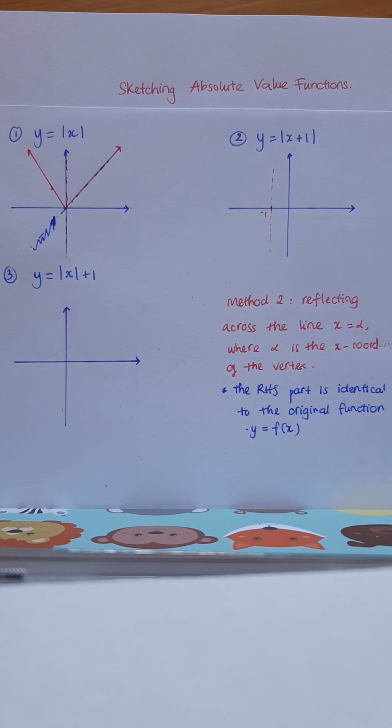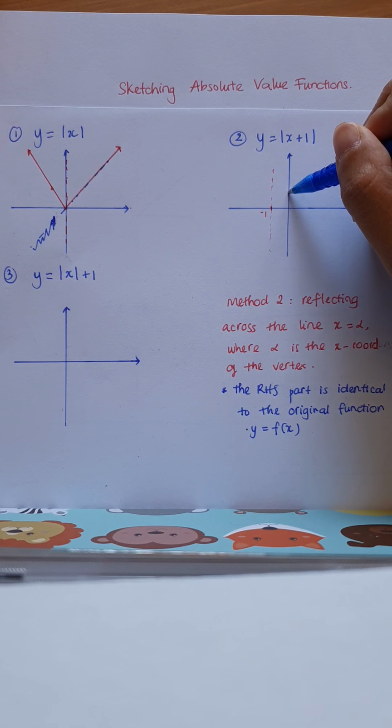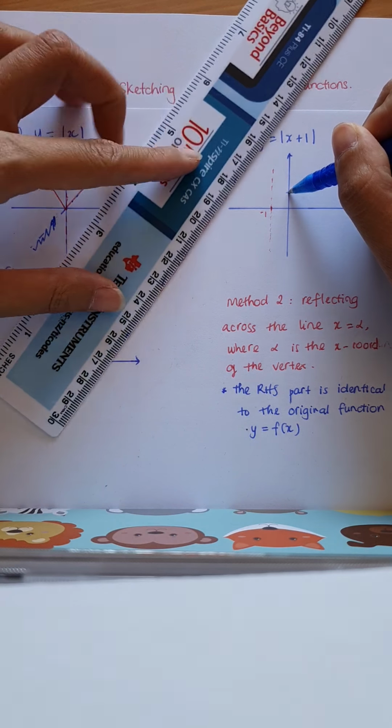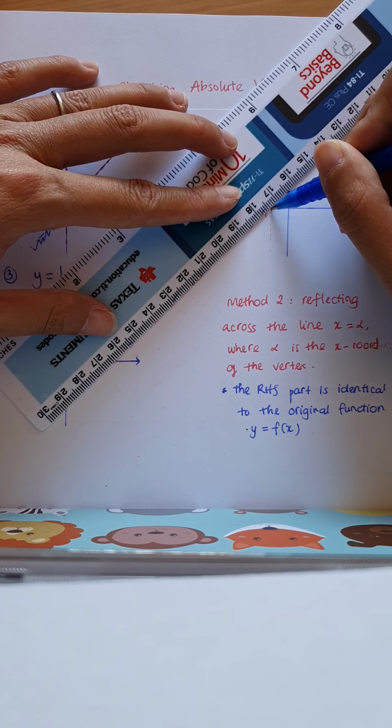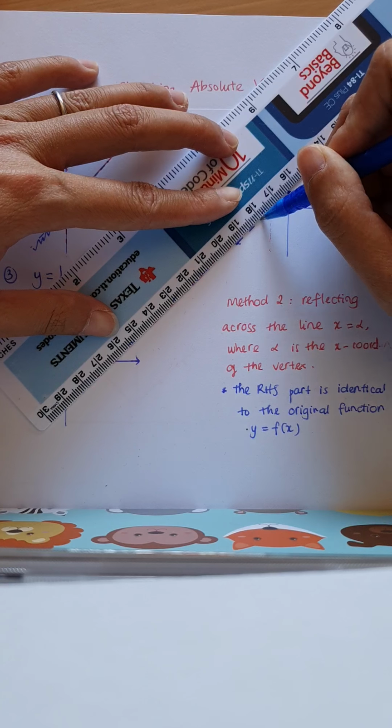Okay. Second step, we draw the linear function. So remove these absolute value symbols. We have the linear function y equal x plus 1, which is the straight line with gradient 1, y-intercept at 1. So that is our linear graph.